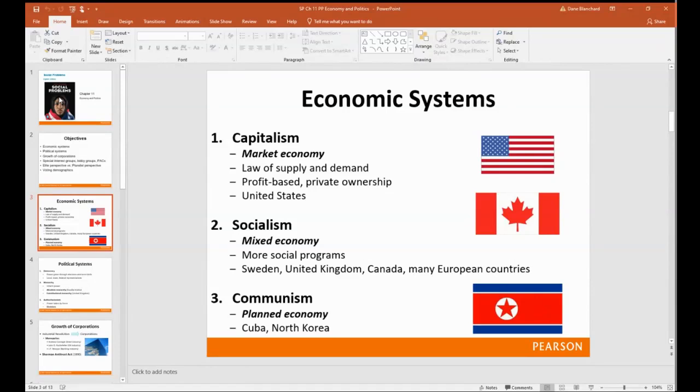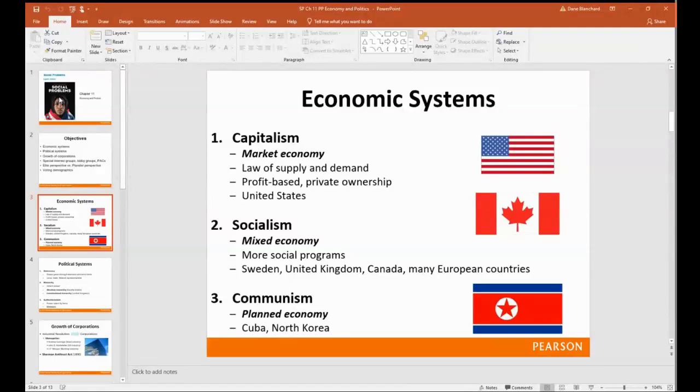So some of the publicly owned types of programs would be the healthcare system. In a lot of socialistic countries, they have universal health care where the government is heavily involved in those industries. So it's kind of a mixture of privately owned industries by the citizens and also publicly owned and controlled industries by the government.